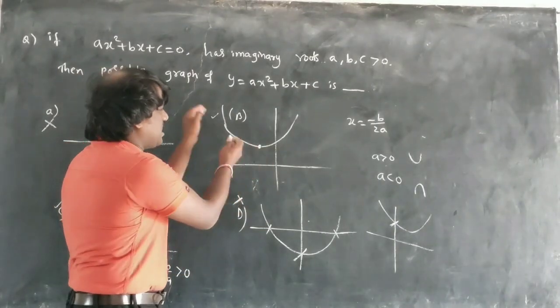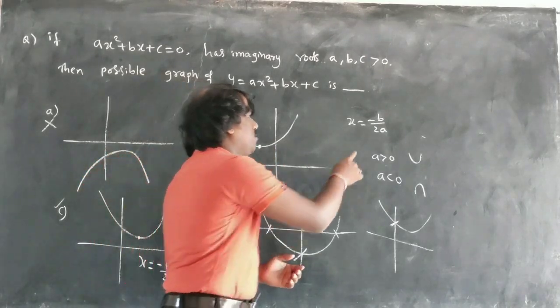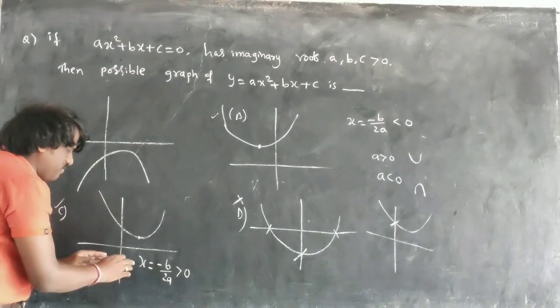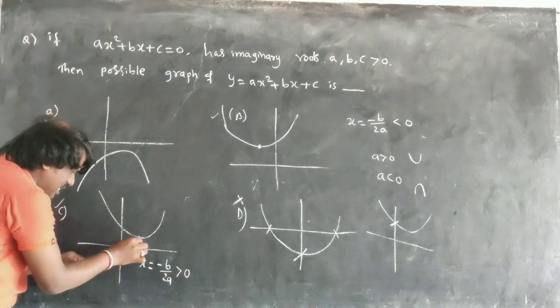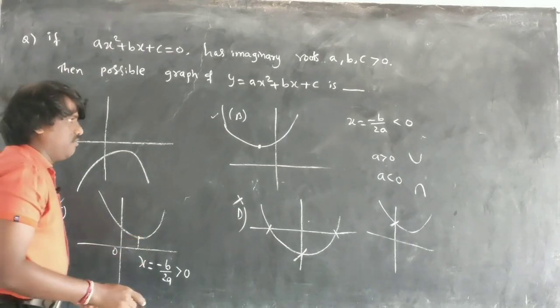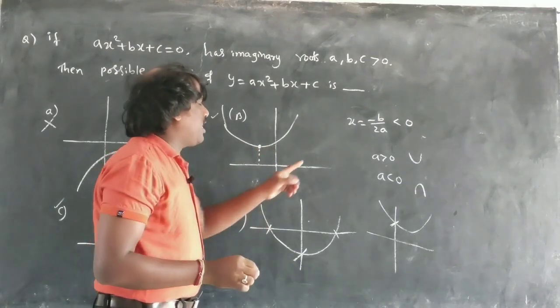Here the vertex is on the left side of the origin, which means it must be less than 0. On the number line, this is 0, this side is positive and this side is negative. So it should be negative.